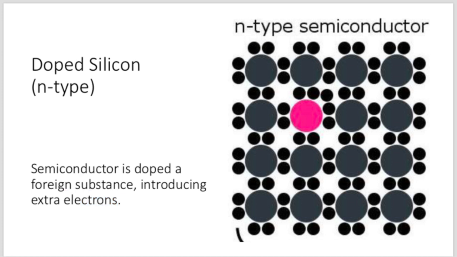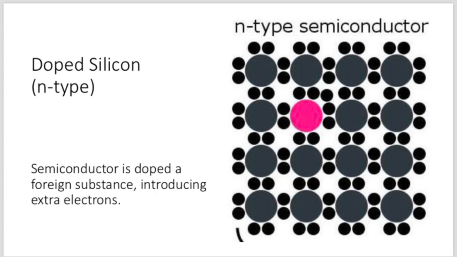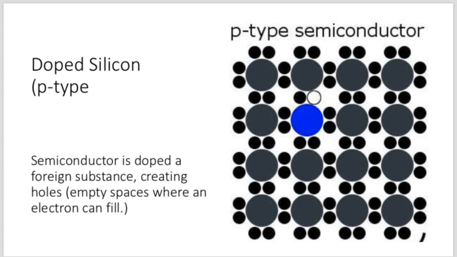All right. Now, the opposite of an N-type semiconductor is what we call a P-type semiconductor. So, in a P-type semiconductor, we introduce a substance that does not have enough electrons. Right? In an N-type, we have an extra electron. In a P-type, we have 1 electron less.